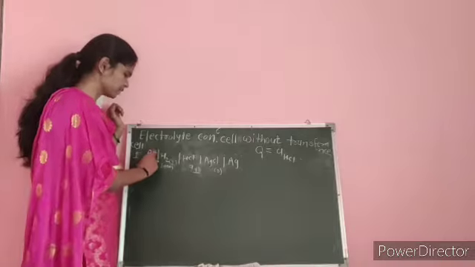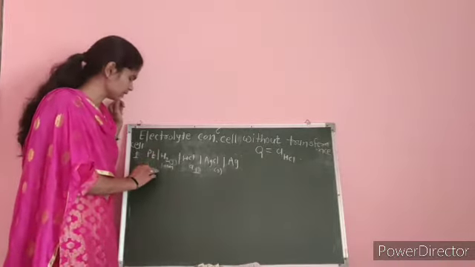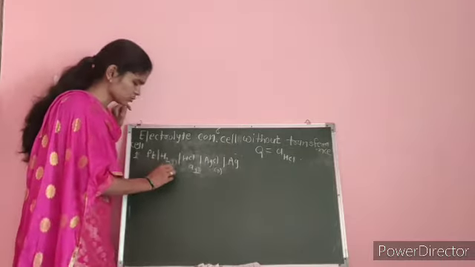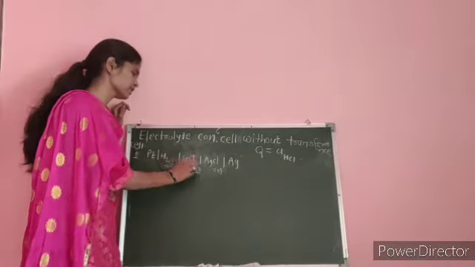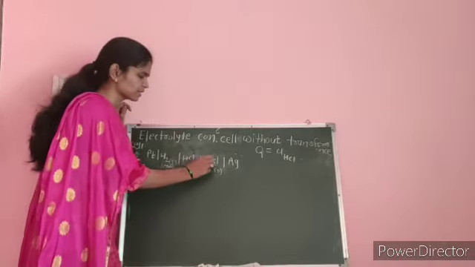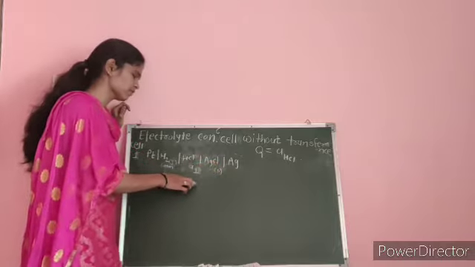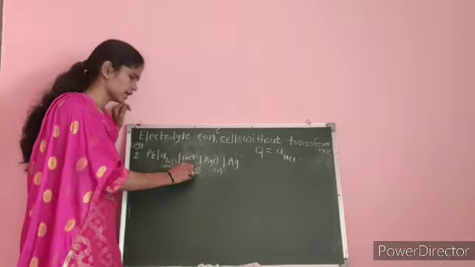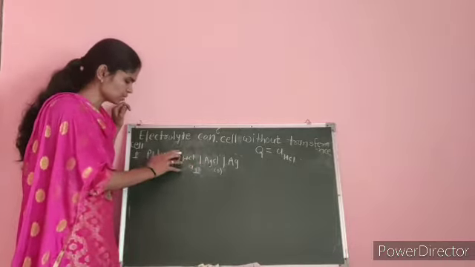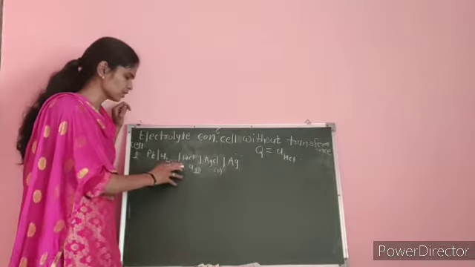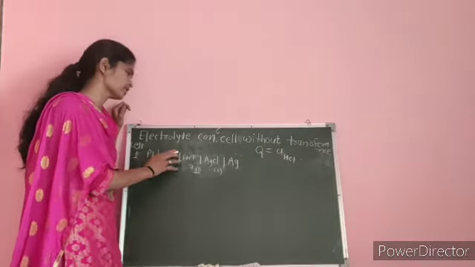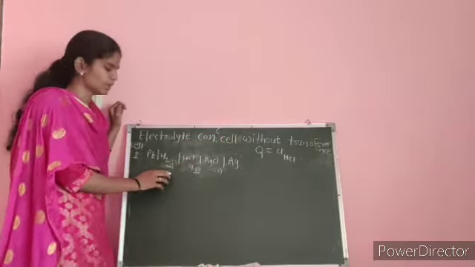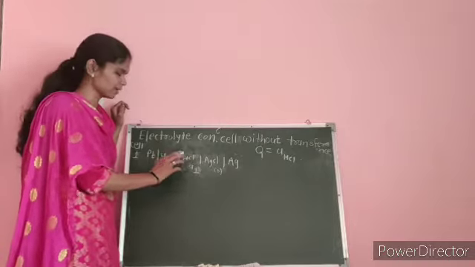This type of cell is called a concentration cell without transference, because here there is no transference of ions.